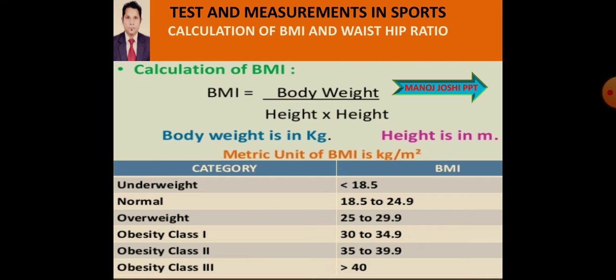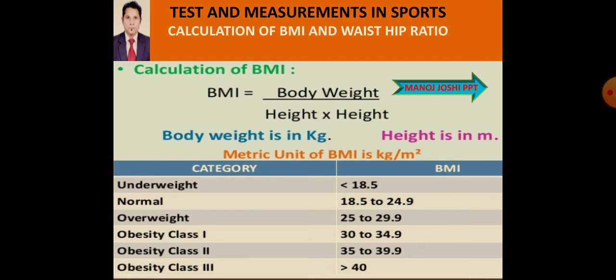If the BMI is 30 to 34.9, this is obesity class 1. 35 to 39.9 is obesity class 2. And 40 and above is obesity class 3. This is the higher obesity.